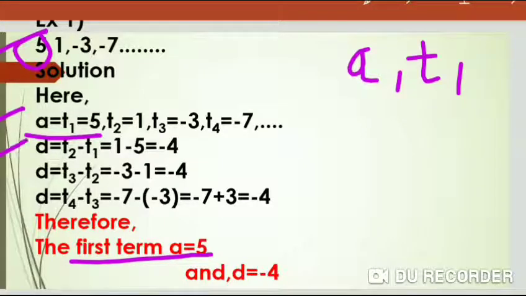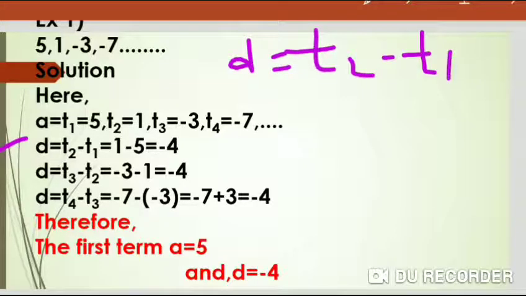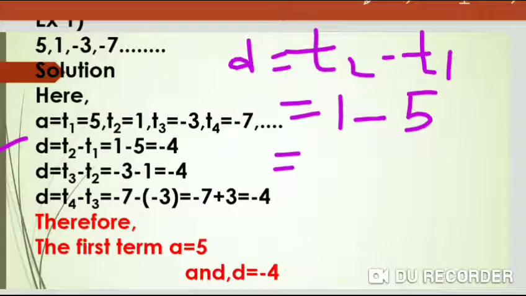Here we have to write down D is equal to T2 minus T1. Okay. And see here T2 is equal to 1 minus T1 is equal to 5. Okay. Now see 1 minus 5. Here plus minus, that means here we do the process of subtraction.